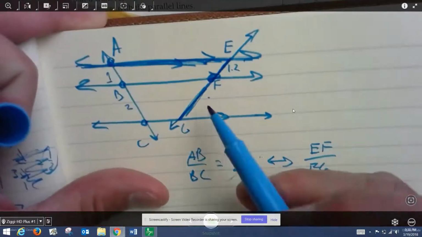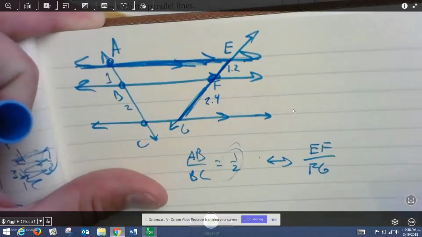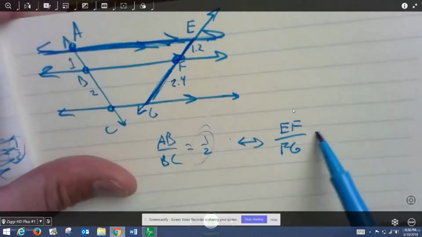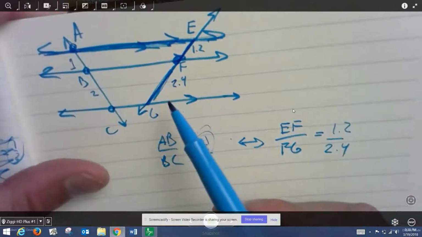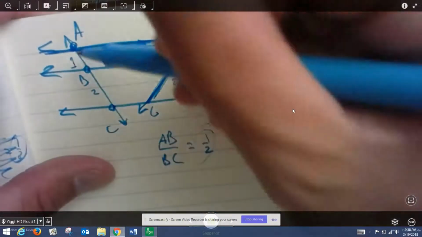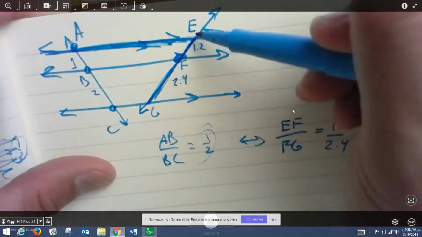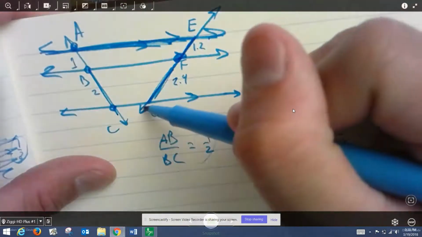This looks to be about twice as long as EF, so I'm going to call that 2.4. Now, I did make these numbers to actually fit this theorem, but you can actually tell just by the accuracy of my drawing. It looks about right. This segment here and this segment here seem to be half as long as the lower parts of their transversal line lengths.